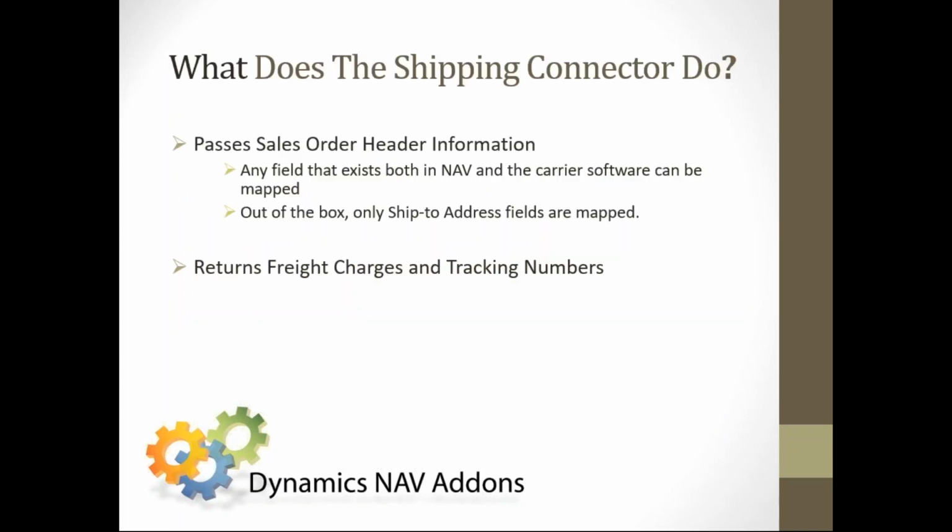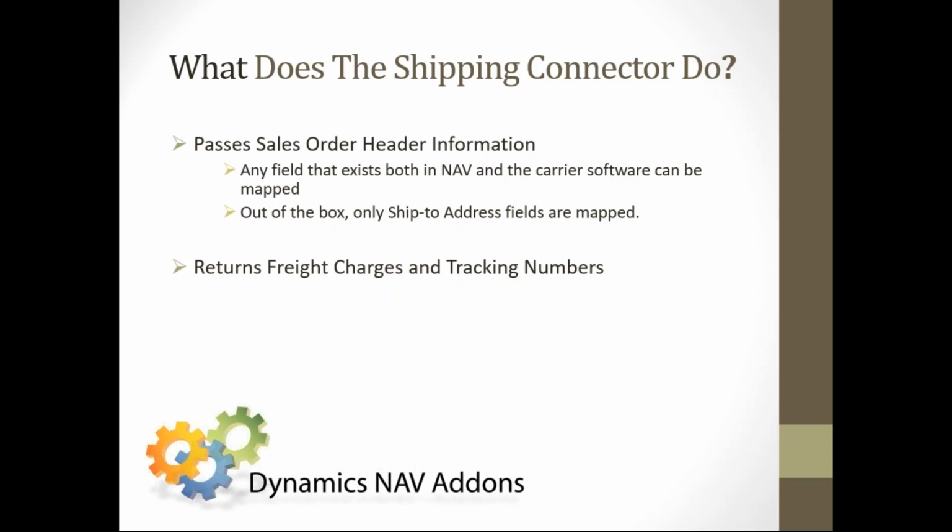So first of all, what does the Shipping Connector do? It passes sales header information from NAV over to any carrier software that accepts an external data connection. This means that any field that has data in it that exists both in NAV and in the carrier software is available to be mapped.